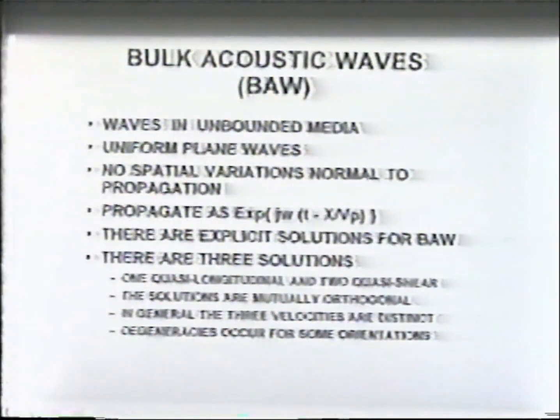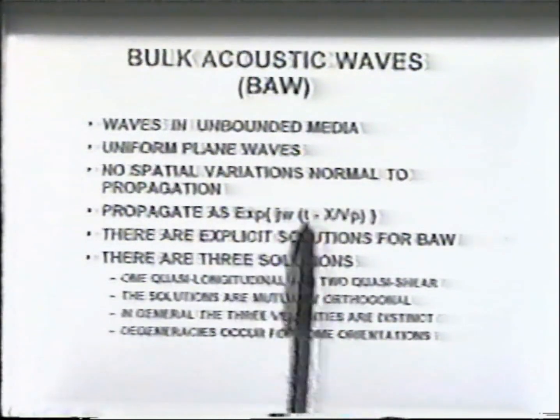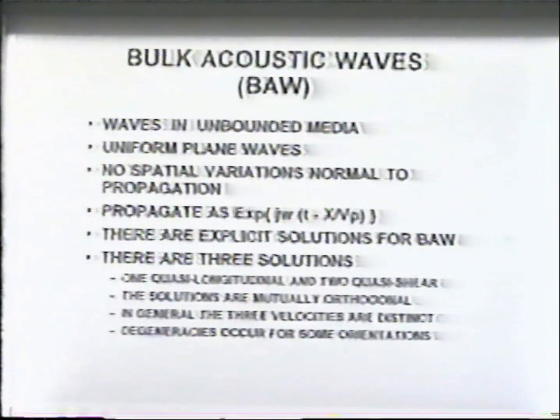Remember, we're using an e to the plus j omega t time dependence, the normal choice in electrical engineering. If you're used to the other way around, then you've got to put a plus sign here. So this is basically how our wave propagates.